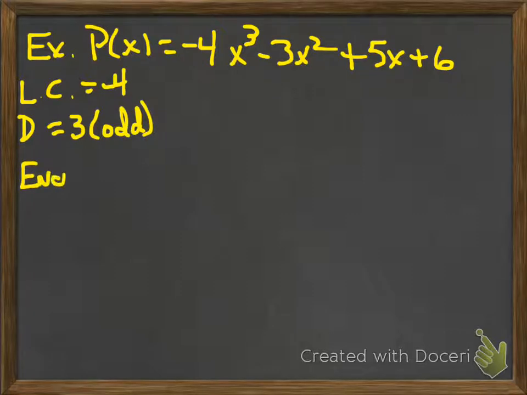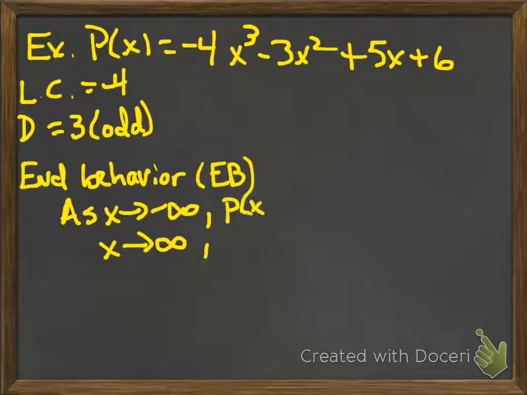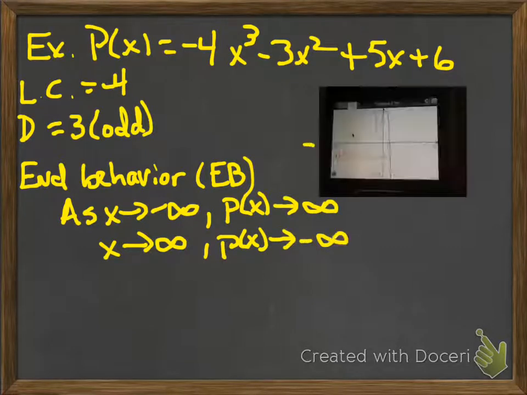I don't even need to see the graph, but based on my notes, I could tell something about the end behavior as x approaches negative infinity and positive infinity. Just by looking at the notes or my formulas, p of x at negative infinity would be going towards positive infinity, and at positive infinity it's going towards negative infinity.